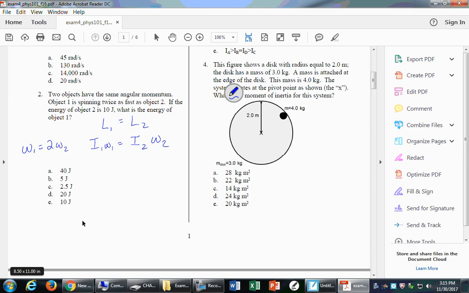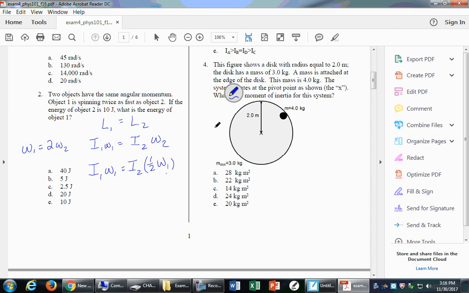So I could rewrite this and say I1 omega 1 equals I2 2 omega 1, right? Because omega 2 is, or excuse me, half omega 1. Okay, you with me on that? Omega 2 is equal to half of omega 1.